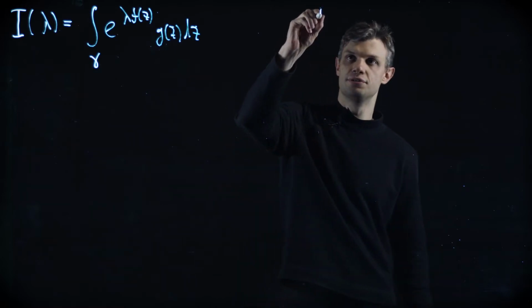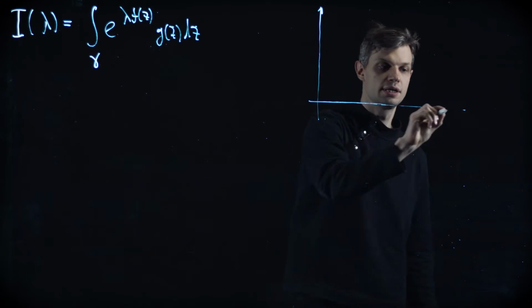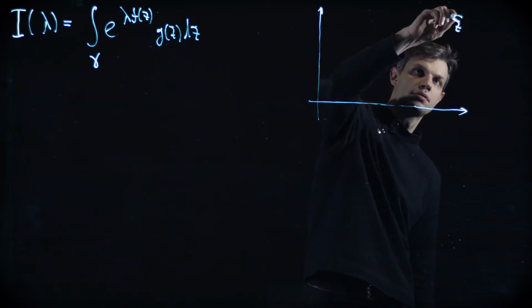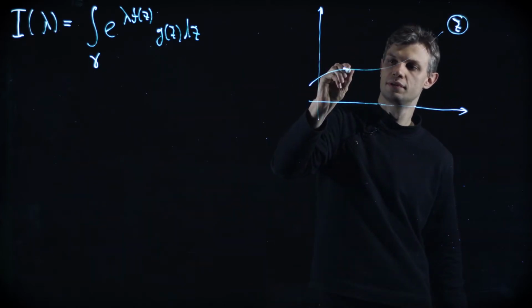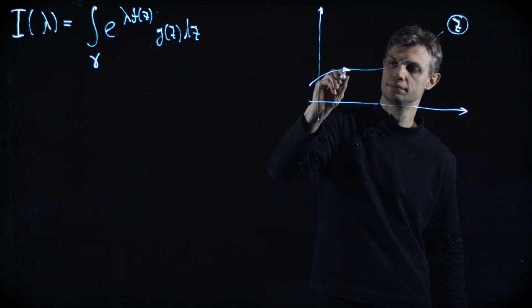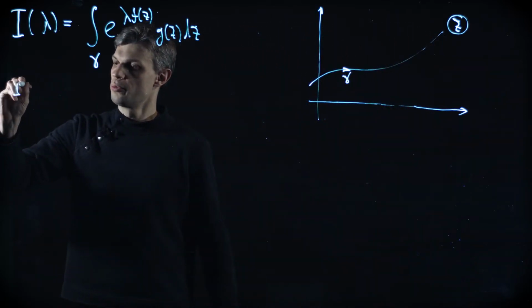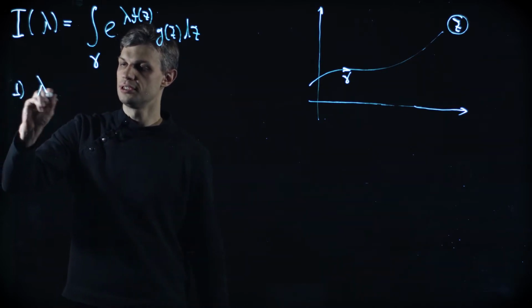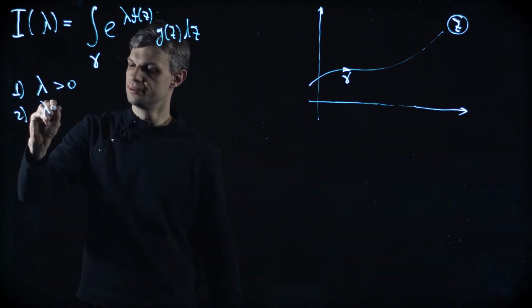All right, so let's draw some arbitrary contour in the complex plane. We will be interested in the asymptotics of this integral for positive and large lambda.